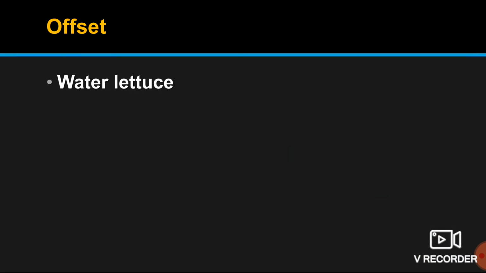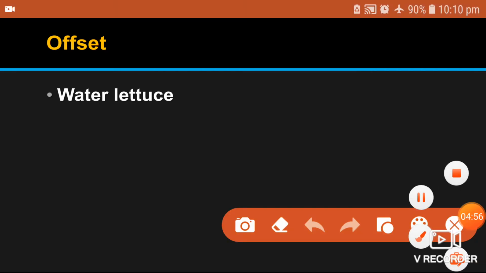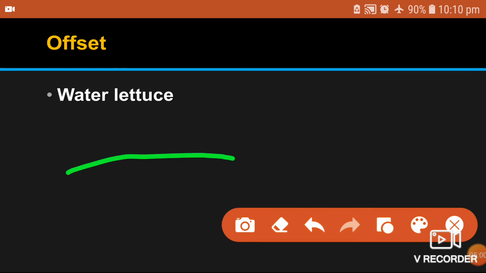Offsets, an example is water lettuce. What actually happens in an offset? In a runner you have seen it is growing continuously along the ground.